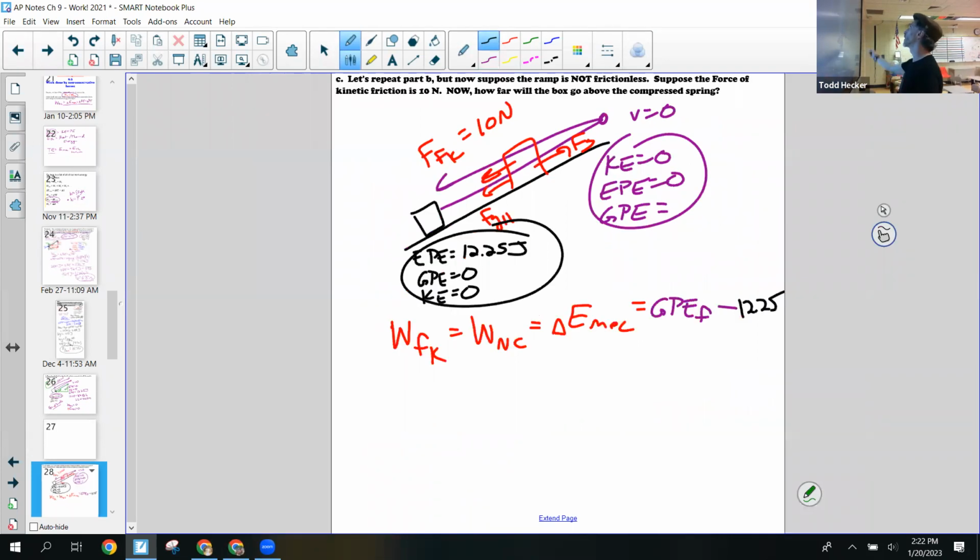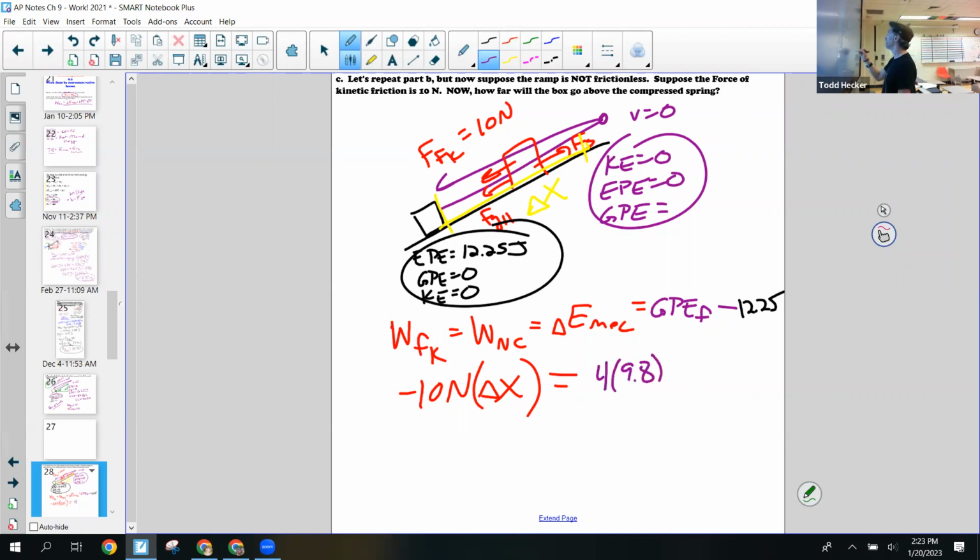Well, the work done by friction is going to be the force of friction, negative 10 newtons, times this displacement. I guess we should label it. Let's call the distance that it goes delta x. And then my GPE is the mass times 9.8 times my height.